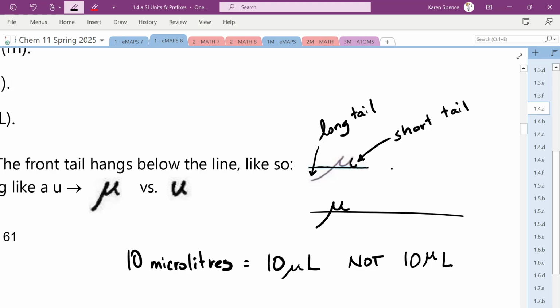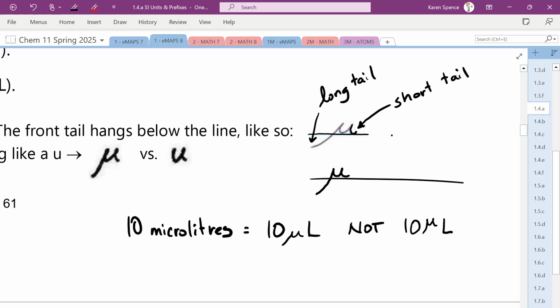It would be like if I was writing the word microliters, and all of a sudden the R was up high. You know what I mean? We don't do that when we write. So we won't write this micro up there. I guess a better example would be a P. P should be like that. P shouldn't be like that unless you want a capital P.